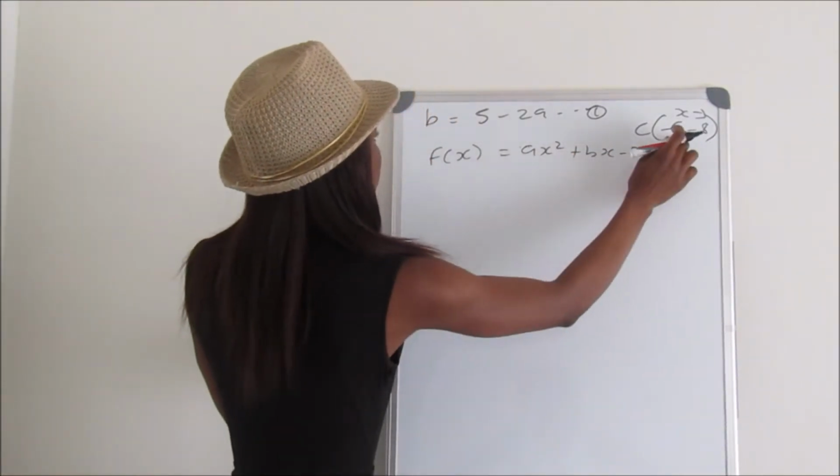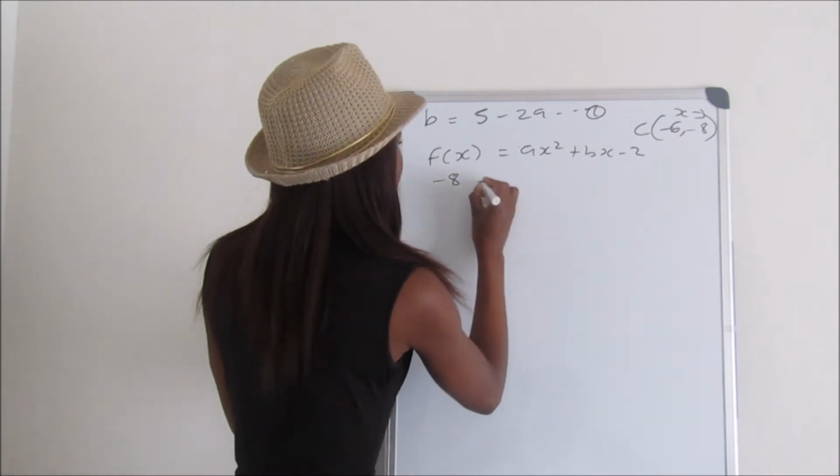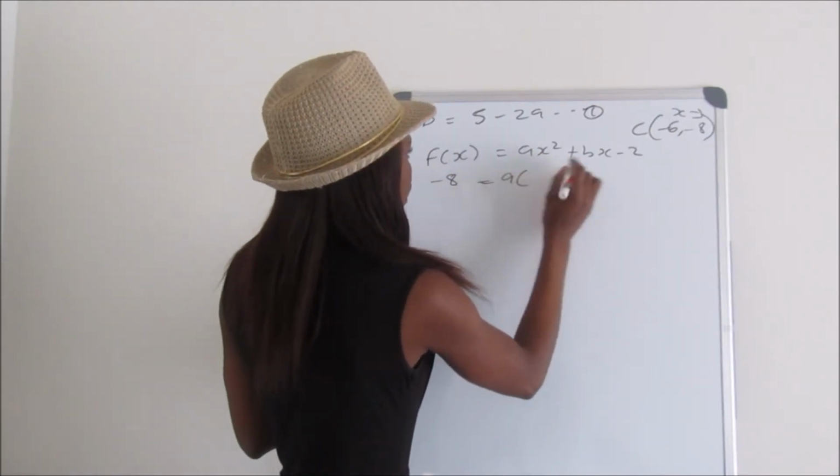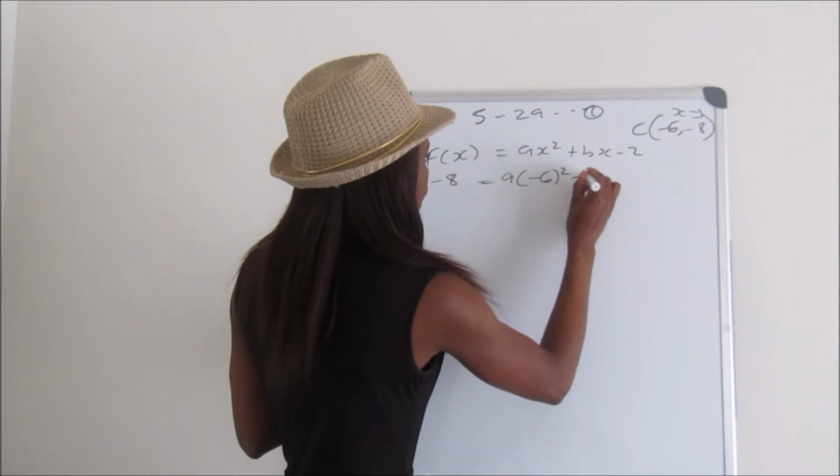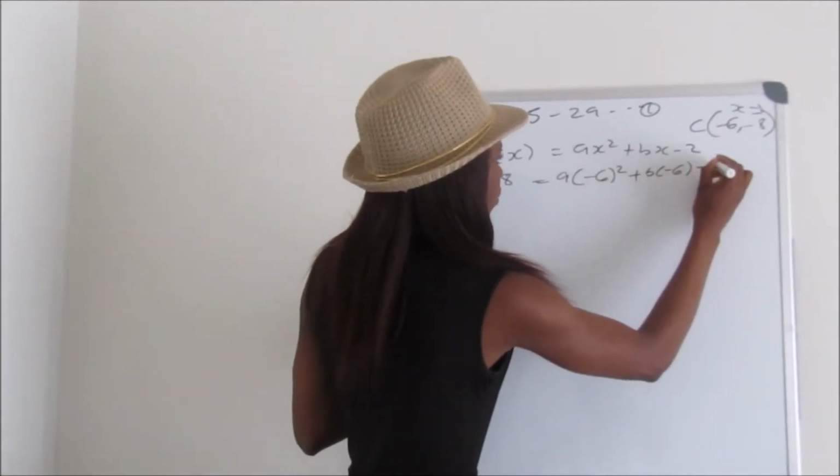From here we substitute the second point: -8 = a(-6)² + b(-6) - 2.